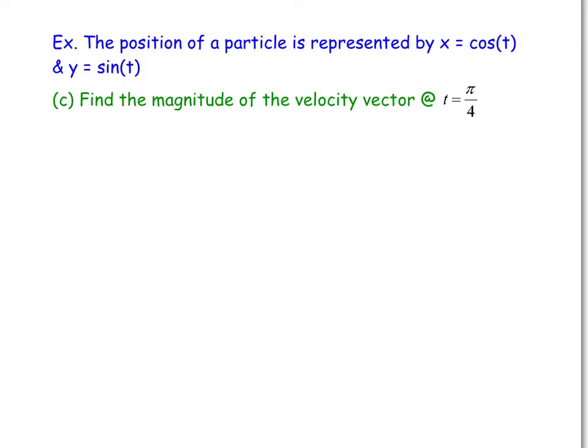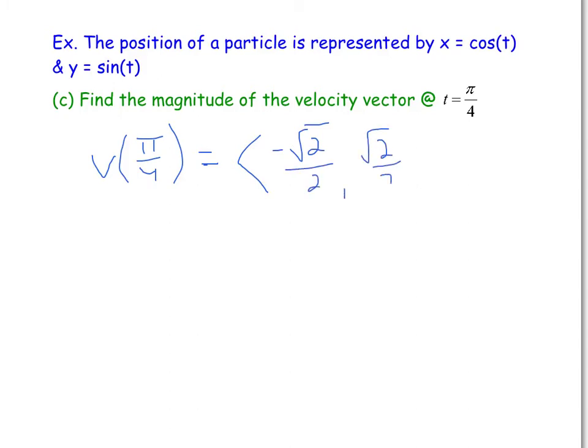Or in other words, calculate the length of that vector. So we need to do the same thing to our velocity vector at pi over 4, which we just calculated: negative square root 2 over 2, comma, square root 2 over 2.